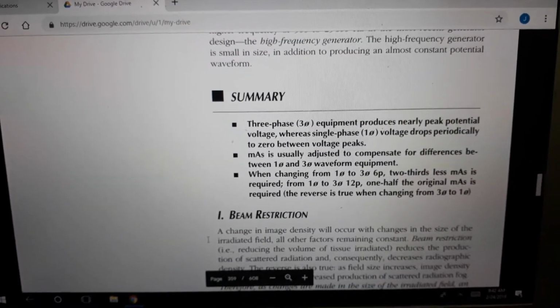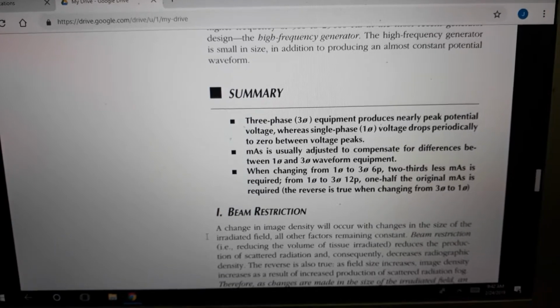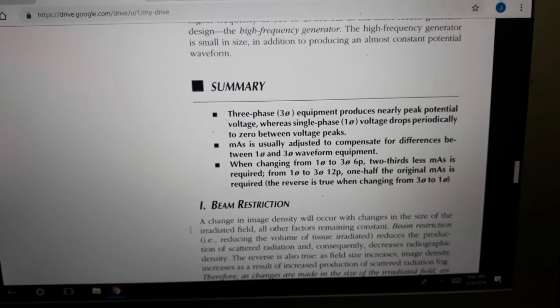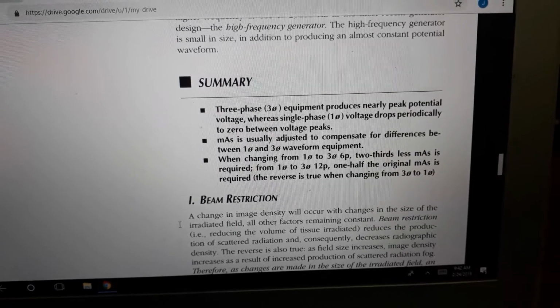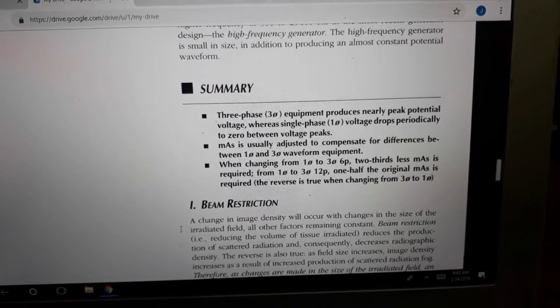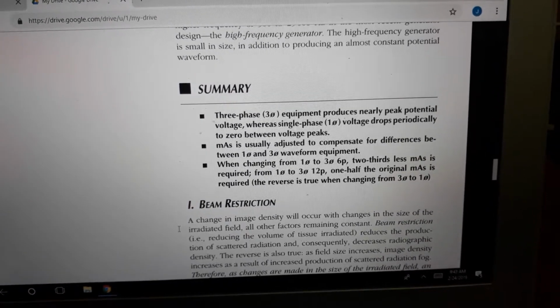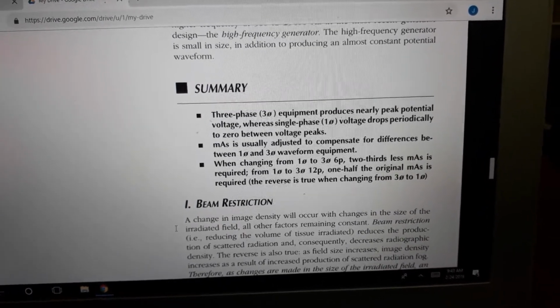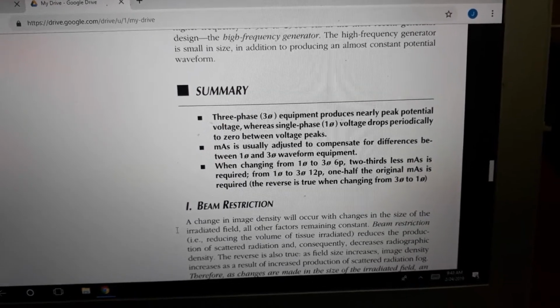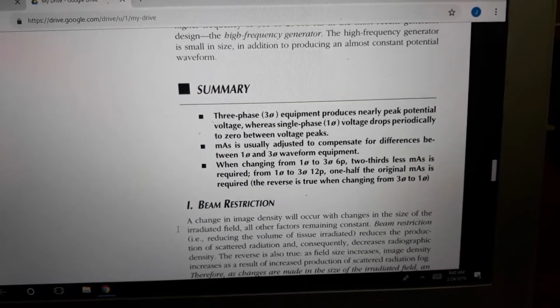Summary: three phase equipment produces nearly constant peak potential voltage, whereas single phase voltage drops periodically to zero between the voltage peaks. The mAs is usually adjusted to compensate for the difference between single and three phase waveform equipment.